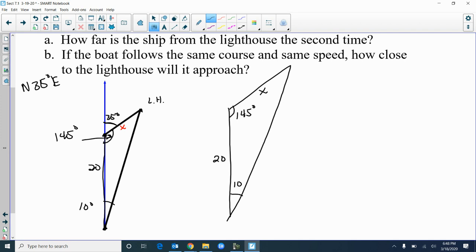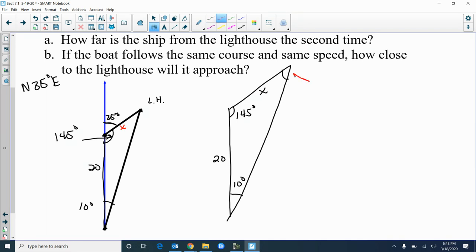Now we have enough information to solve for x. Now I am going to have to, let's see, 10 degrees. I need this angle over here because I need to use the 20. I don't know either of the other two sides. Well, what is that going to be? 180 minus 10 is 170 minus 145.